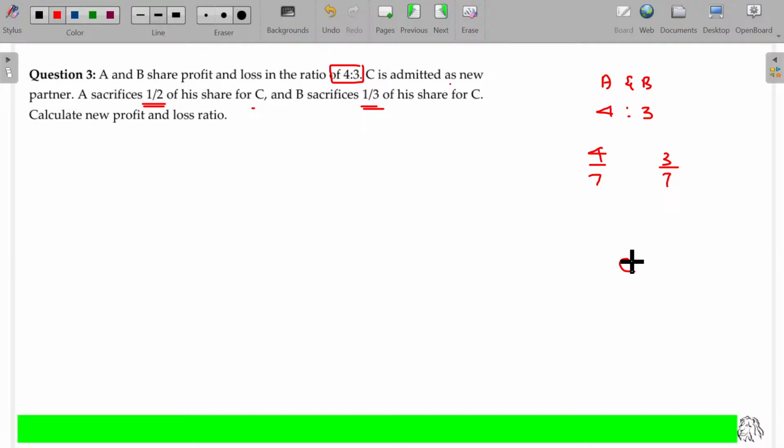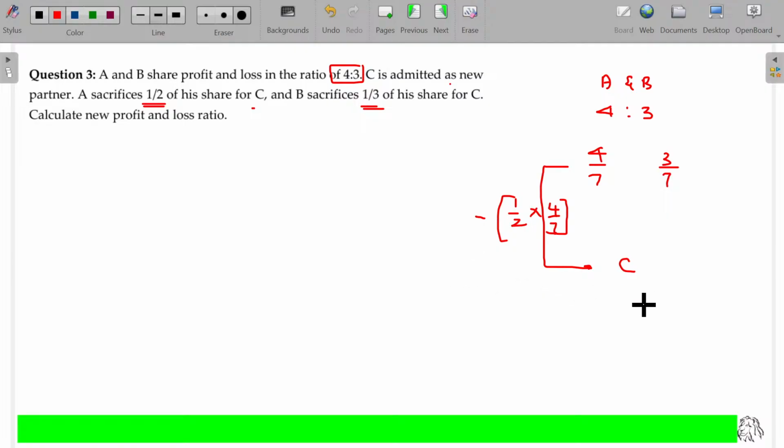A sacrifices half of his share of profit for C. His share being 4/7, in that 4/7, half is given. Originally, A has 4/7. In that, half is given, so you have to subtract this.